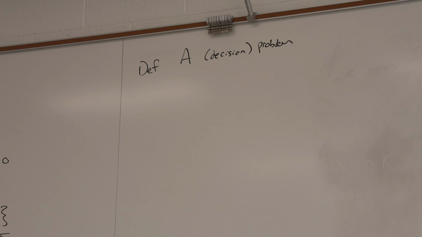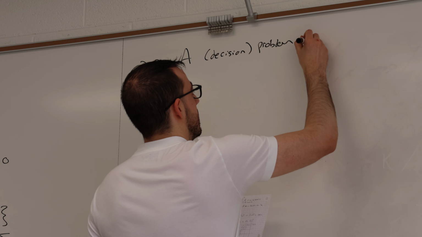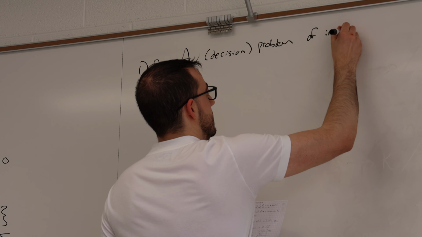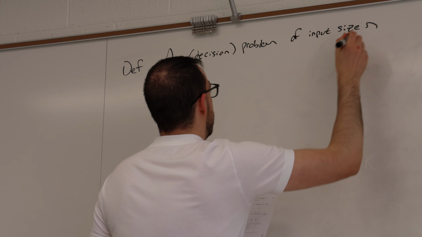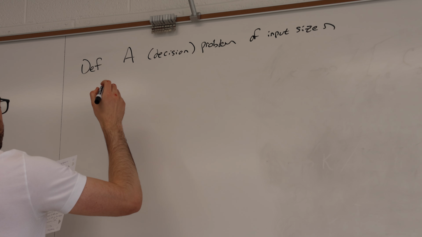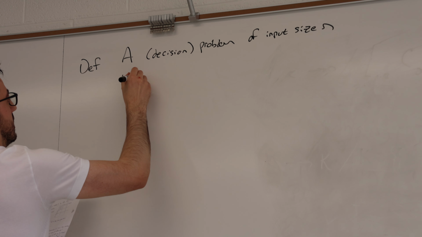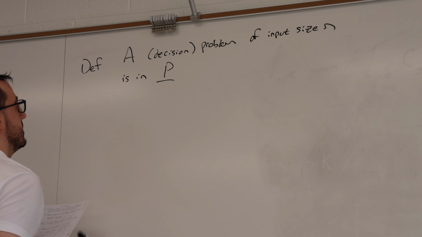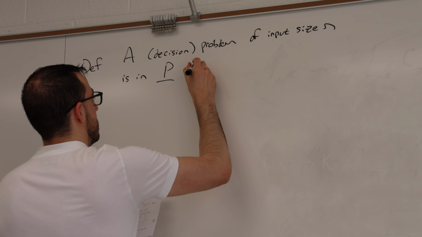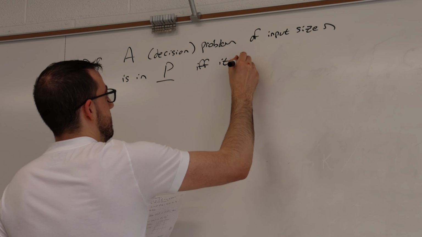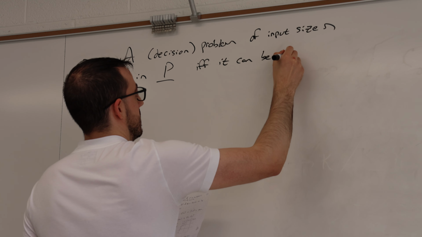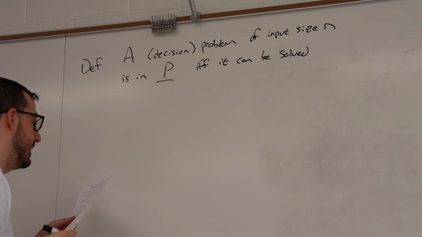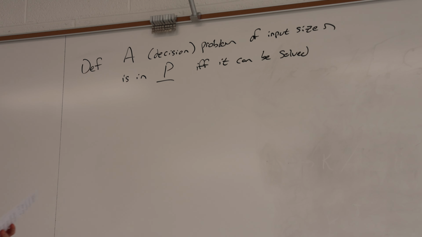Okay? So a decision problem of input size n is in the class P, so we're defining the complexity class P, if and only if it can be solved in a time that scales polynomially.